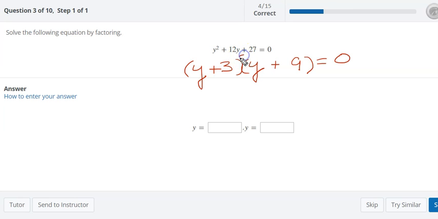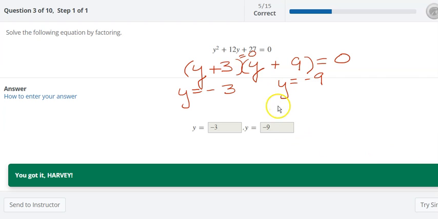So here, using the shortcut, y equals, transpose that, negative 3. For this one, y equals negative 9. And if I put those into the system, negative 3, negative 9, and I submit my answers, I see I've done this type correct as well.